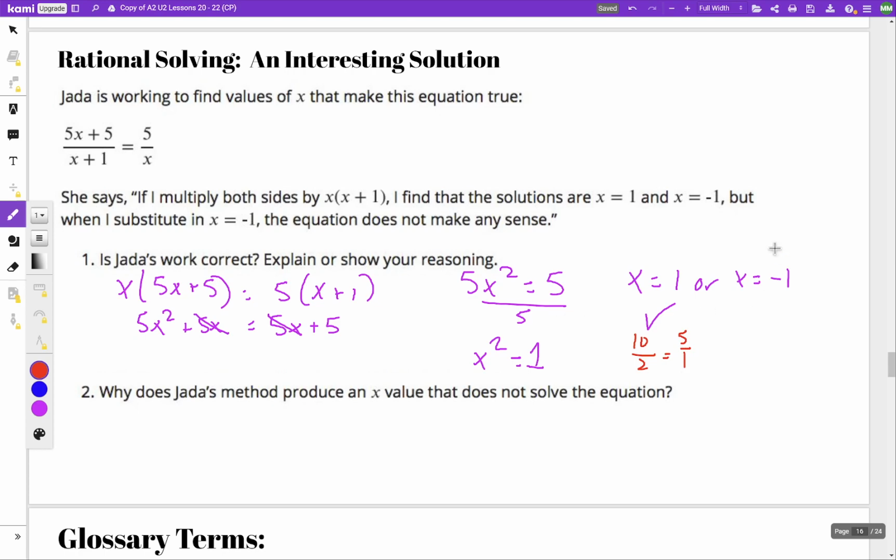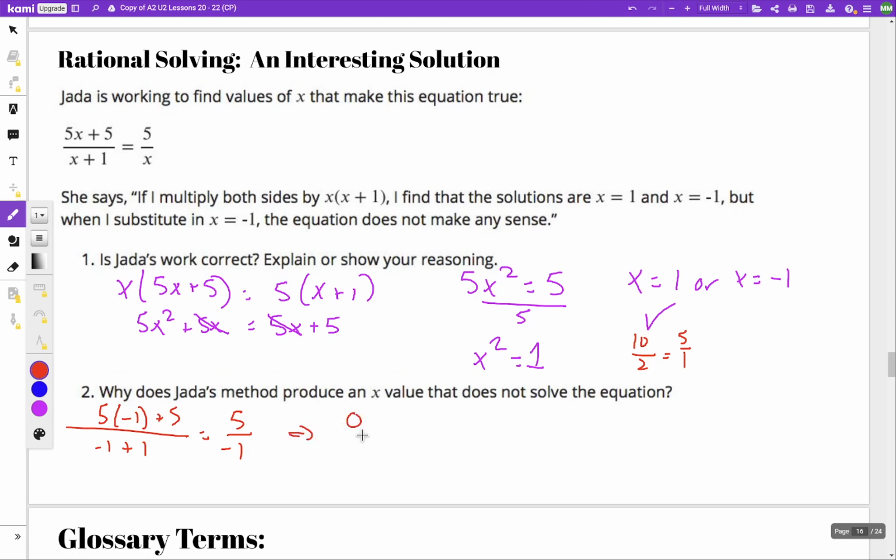Okay, what about negative 1? Let's try plugging negative 1 in for x to check our work. We get 5 times negative 1 plus 5 over negative 1 plus 1 equals 5 over negative 1. So what we end up with is negative 5 plus 5 is 0.